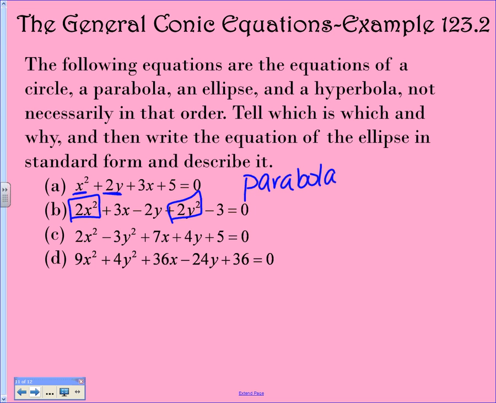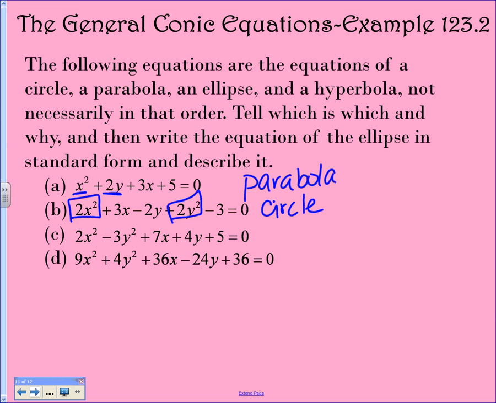So is that a parabola? No, parabolas only have one squared. Is it a hyperbola? Remember, it's an x squared minus y squared or y squared minus x squared for hyperbola. So it's either going to be an ellipse or a circle. Why is it a circle? Because the number in front is the exact same. Y'all with me so far?